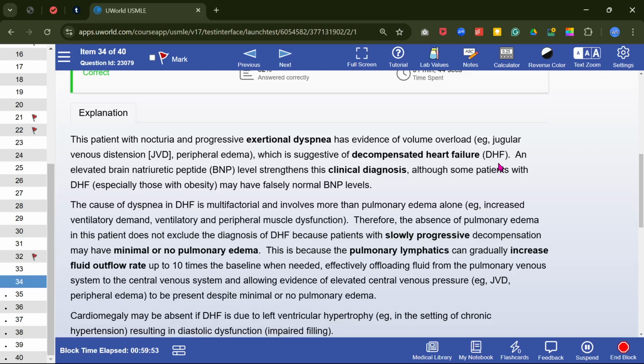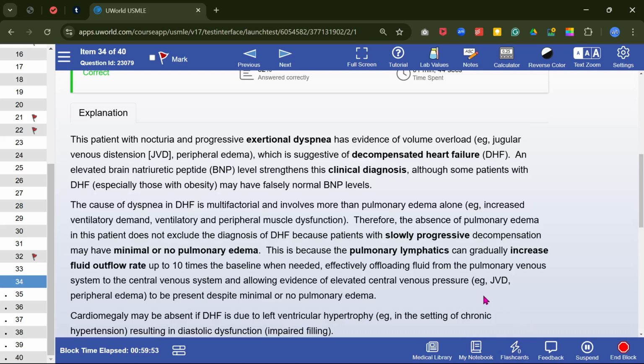This is because pulmonary lymphatics can gradually increase fluid outflow rate up to 10 times the baseline when needed, effectively offloading fluid from the pulmonary venous system to the central venous system, allowing evidence of elevated central venous pressure to be present despite minimal or no pulmonary edema.